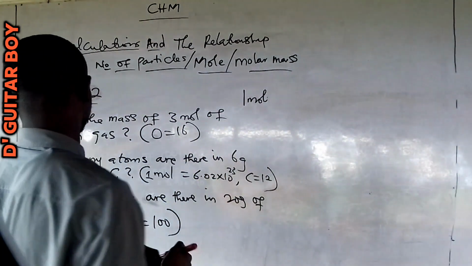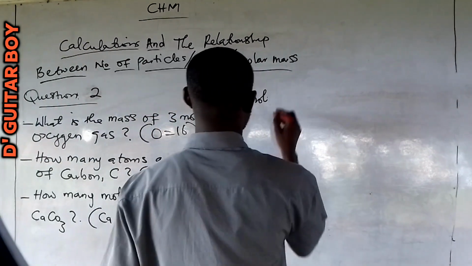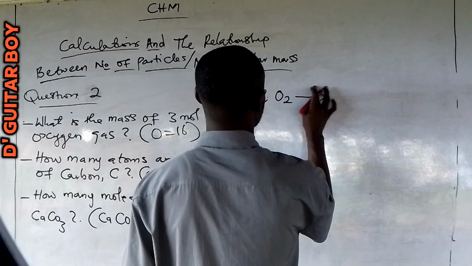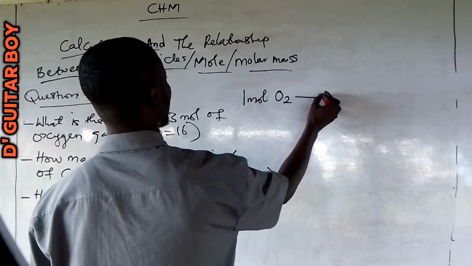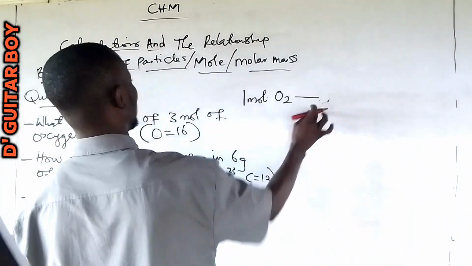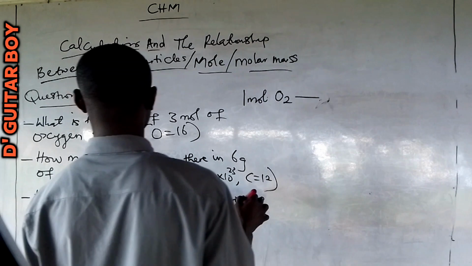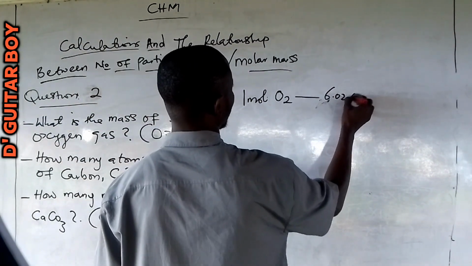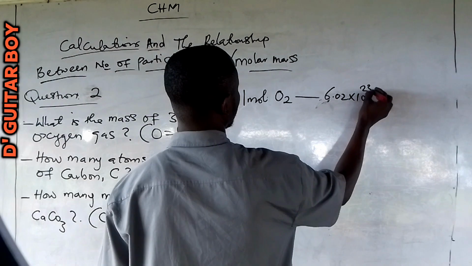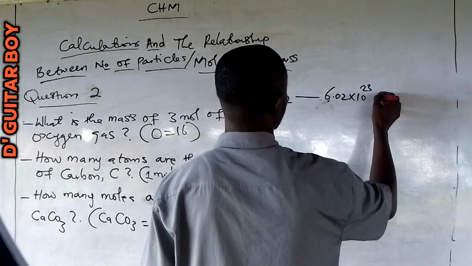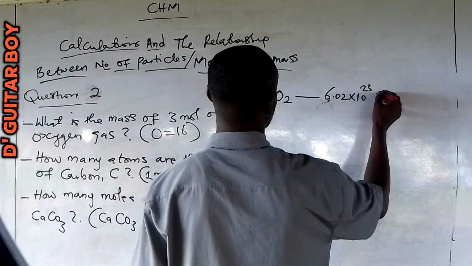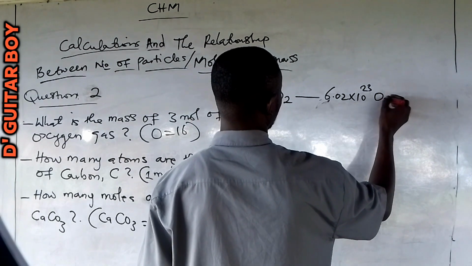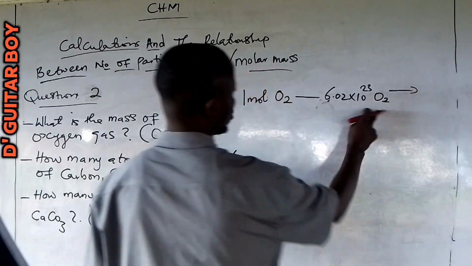So what do we do now? We say 1 mole of oxygen molecule will give us 6.02 times 10 raised to power 23 oxygen molecules, and that is the number of particles.